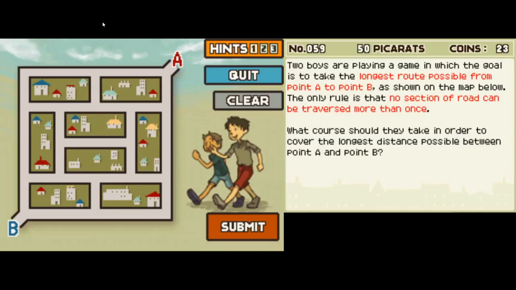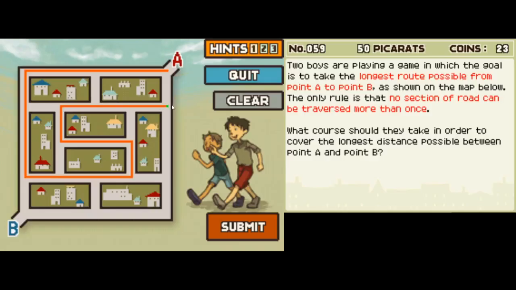Let's see. Let's try this way. Okay. This way. As long as they don't connect. How about this way? Then up. Gotta be careful though.